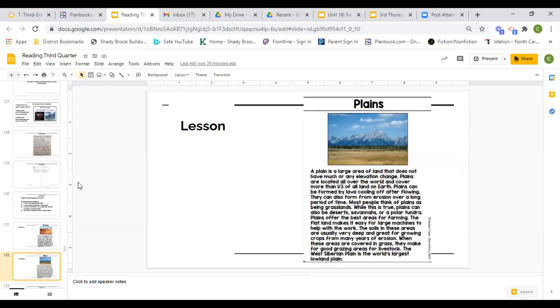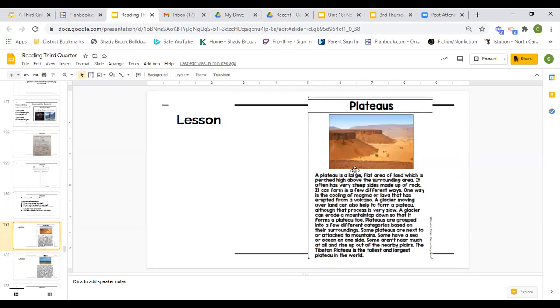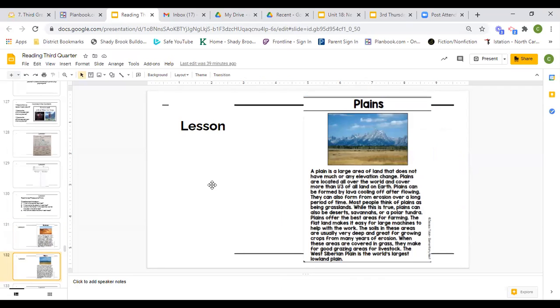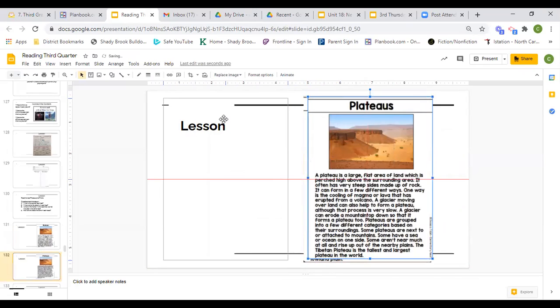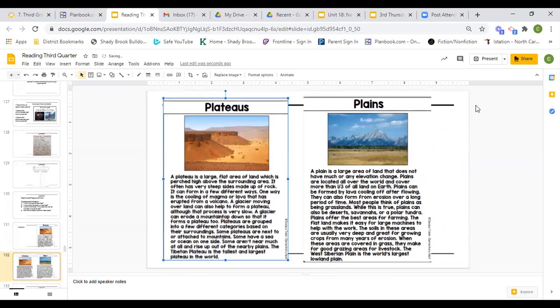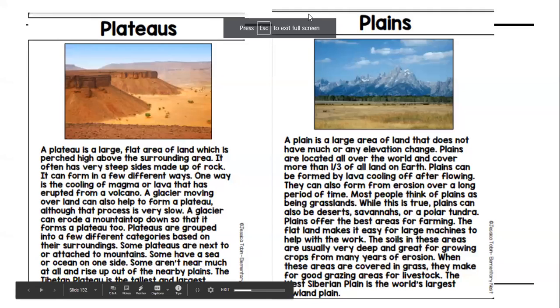Now let's compare the texts side by side. What do we see that are the similarities?